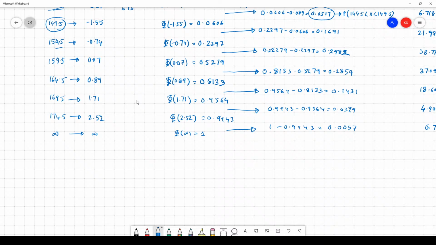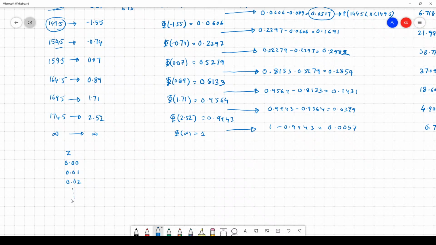Actually, if you look at the standard normal table, I will give you some values. First one, phi z. The standard normal values in the Z table start from 0, 0.01, and so on. Otherwise, you can use your book.